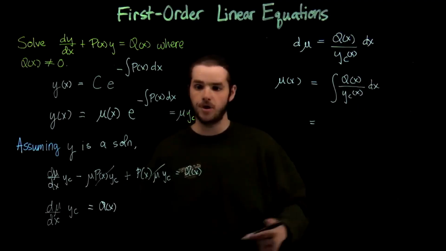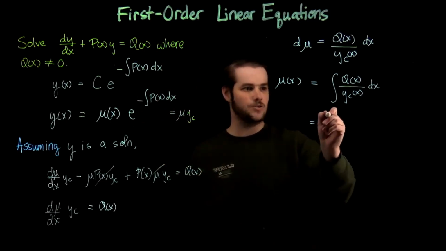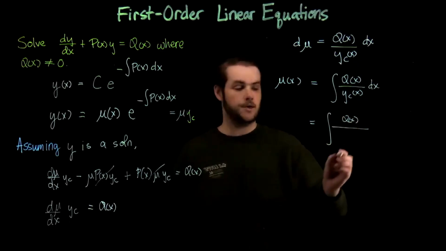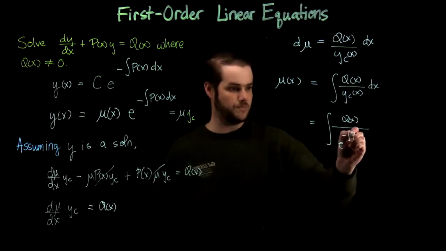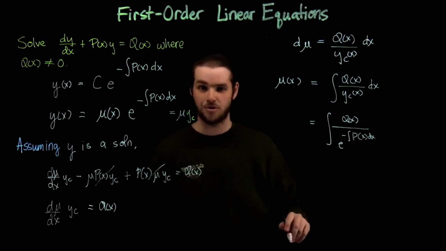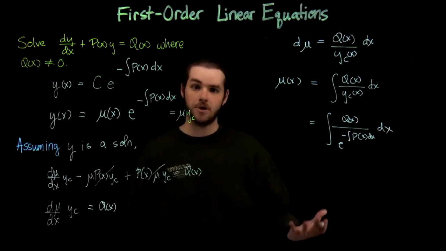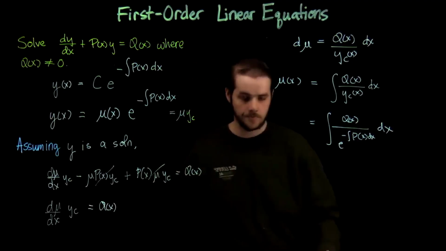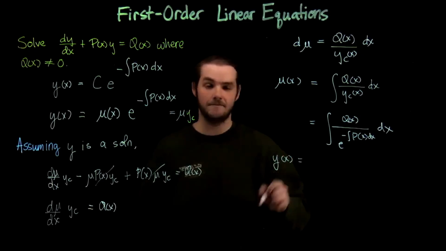But if you recall, mu of x is the name I gave to this ugly guy over here. So really, this is the integral of q of x over e to the negative integral p of x dx. Really, I should use a different variable here, but I won't tell if you don't. So now I'm going to clean up this whole thing and write it a little bit more succinctly. y must have the form.